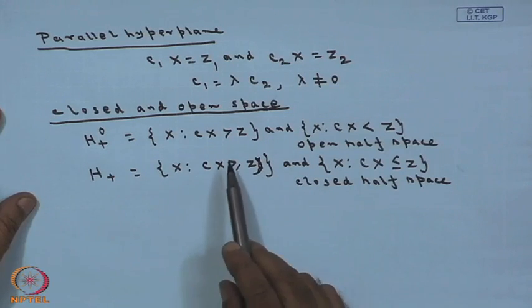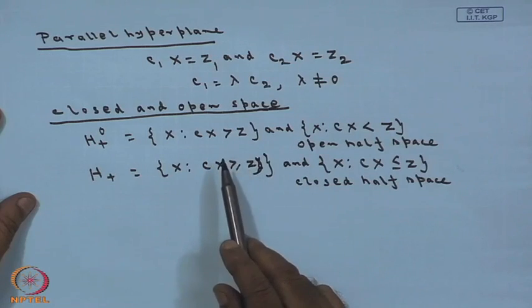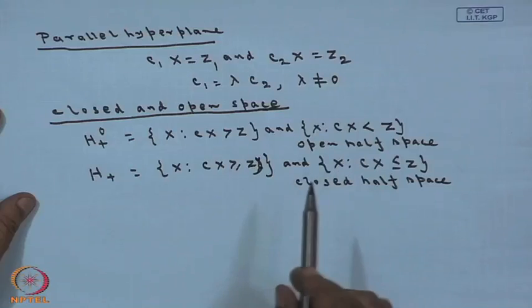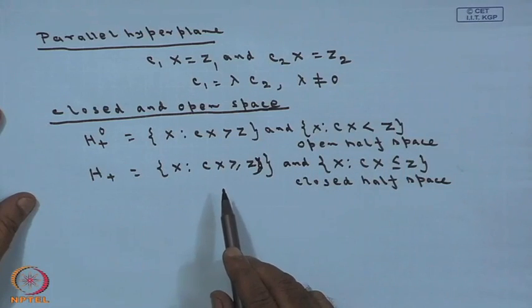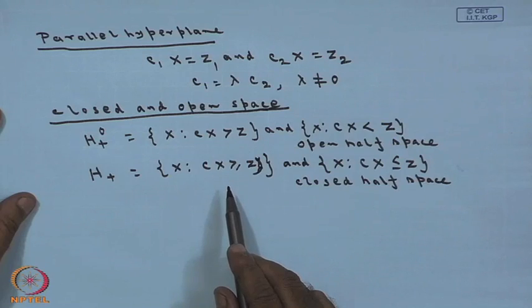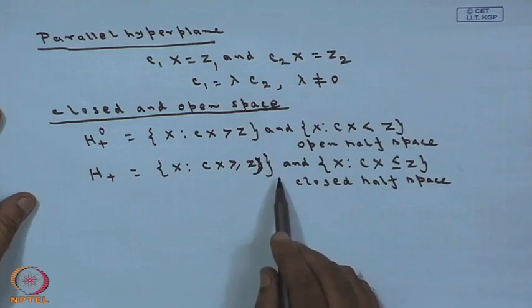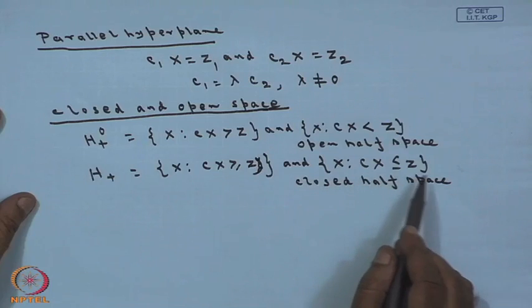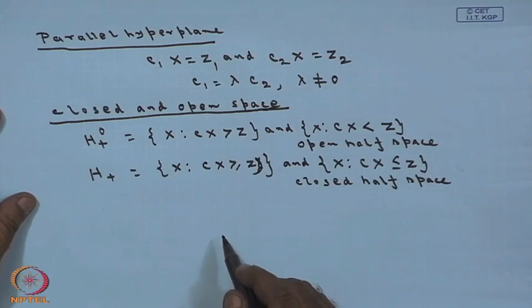H0 plus, whenever we are strictly talking about the inequality, whether it is greater than or less than, we call it the open half space, whereas whenever we are considering equality as well as inequality together, that is x such that Cx greater than or equal to z and x such that Cx less than or equal to z, then we call it the closed half space.